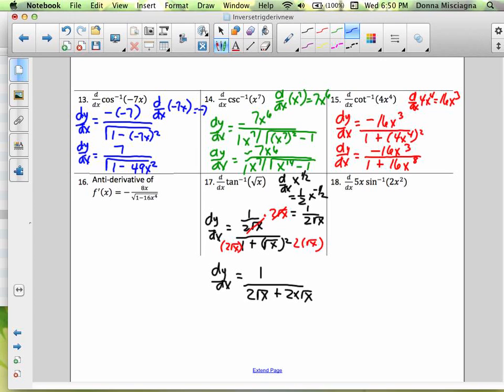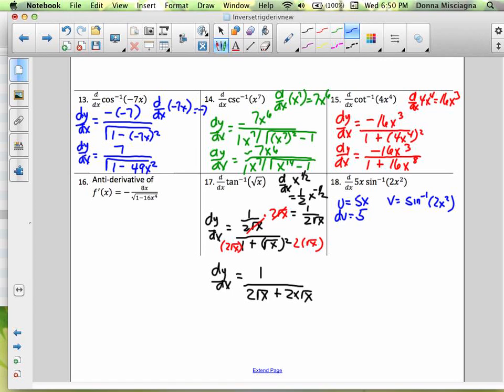All right, so we want to take the derivative of 5x times arc sine of 2x squared. Ooh, we have a product rule. All right, so u is 5x. The derivative, that's a du there, is 5. And then v is arc sine of 2x squared.